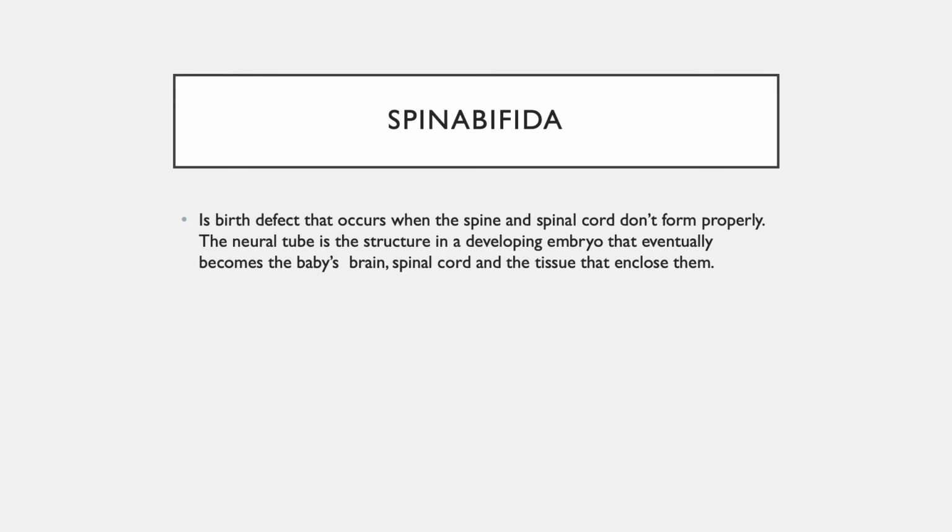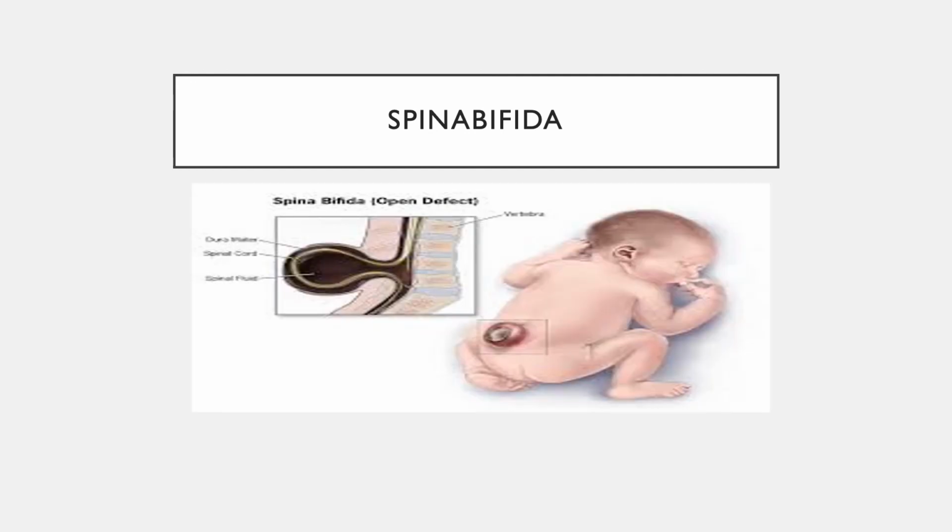As I said before, the cranial part of the neural tube will become the brain, and the straight axis of the tube will become the spinal cord, enclosed with its meninges. If there is a defect during the closure, it leads to spina bifida. This is the picture of it.